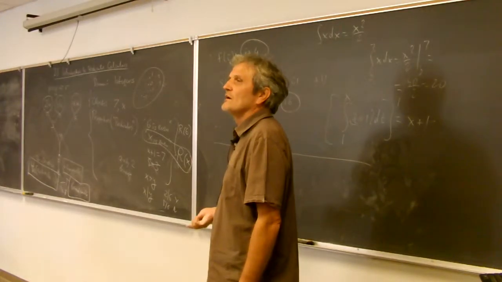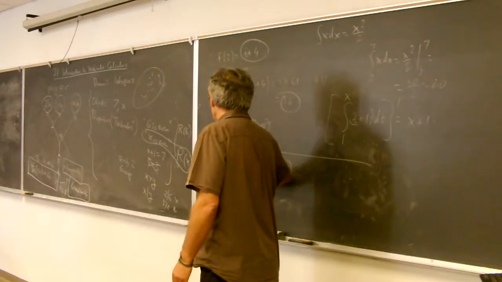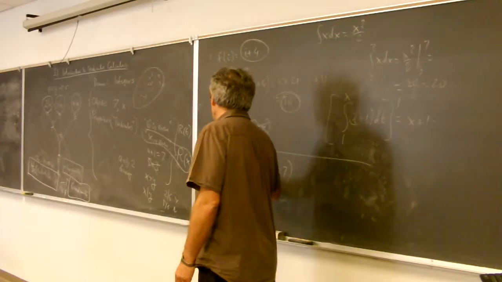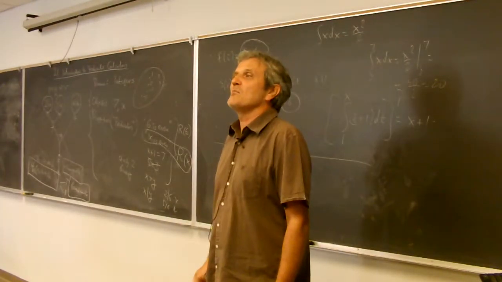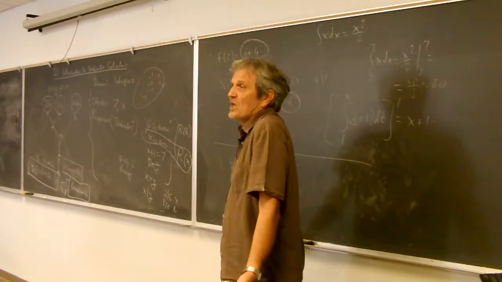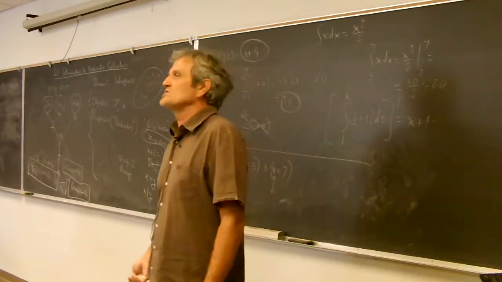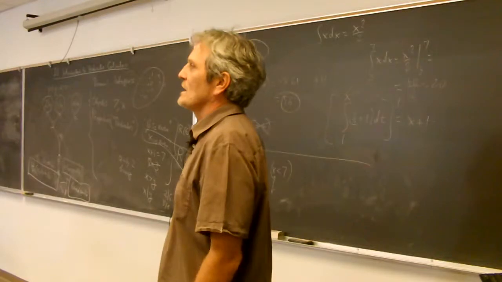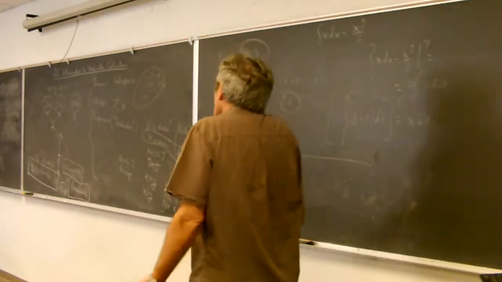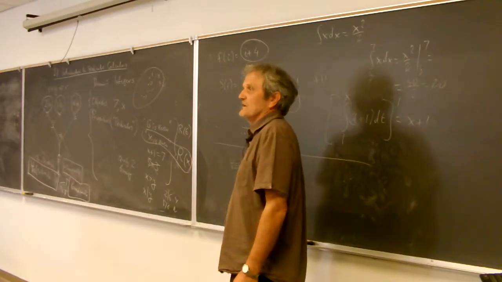You know what I would do then? Bound variables run through, so I would rename this one and call it z. You can always rename a bound variable. If I say i goes from 1 to 7, can I call it j and run it from 1 to 7 again, yes or no? So a bound variable you can always change, a free variable you cannot. So generally here, now z is bound and x is what? x is free.